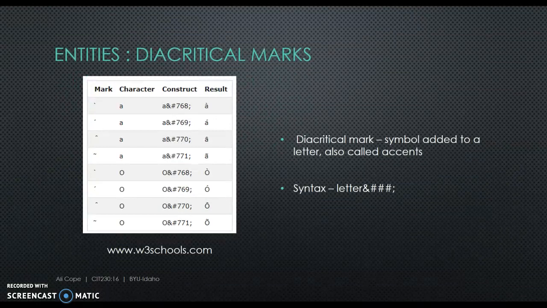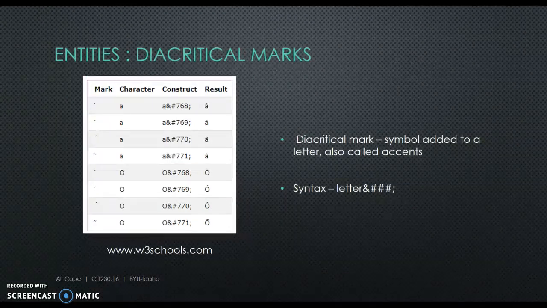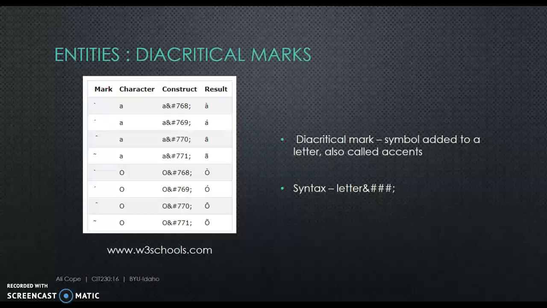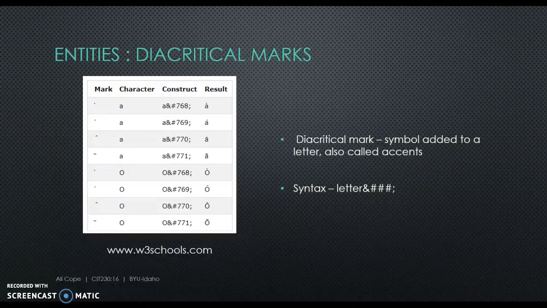Now, the diacritical marks are symbols added to letters, and they're also often called accents. So this is an example of where the entities would help you to represent an accented letter beyond just the symbol. Now the syntax for these is a little bit different, because you would do the letter that you would like to add an accent to, then ampersand, then the number, and then semicolon.